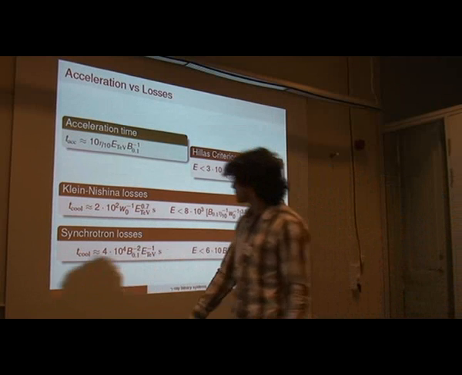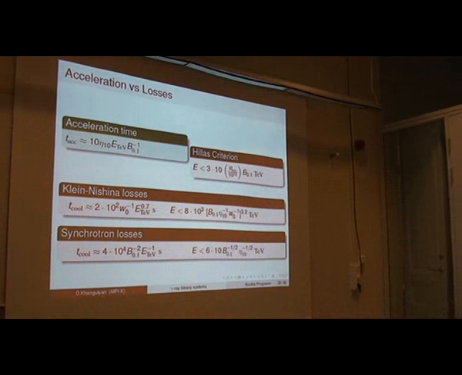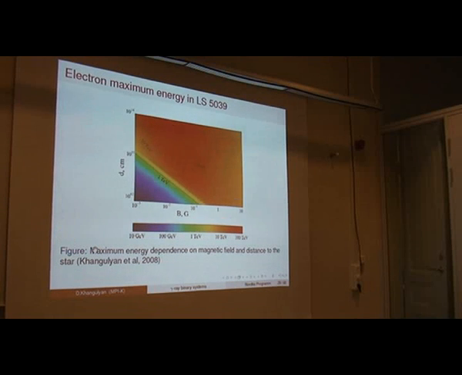And if we combine all these conditions, we have the acceleration time in quite general form, Hillas criterion, which is basically that the size of the accelerator must be bigger than the Larmor radius of the particle, and the losses, inverse Compton losses and synchrotron losses. We may combine them in a 2D plot, where here we have the strength of the magnetic field in the accelerator, and here we have the distance to the optical star, because the distance to the optical star defines the rate of inverse Compton losses.